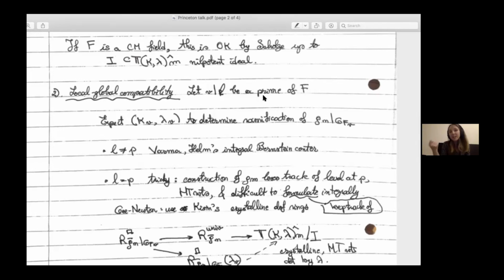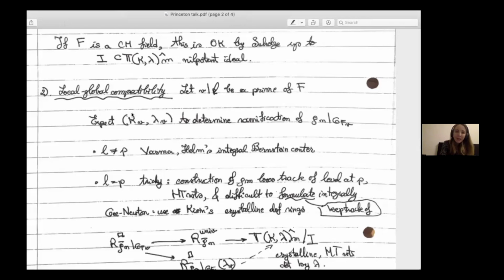And so let's take some prime v of that CM field, and let's assume that it lies above a rational prime l. Then what local-global compatibility would say, roughly, is that you expect that the level of your automorphic form or torsion class at v would determine the ramification in the restriction of the Galois representation to the decomposition group at v.